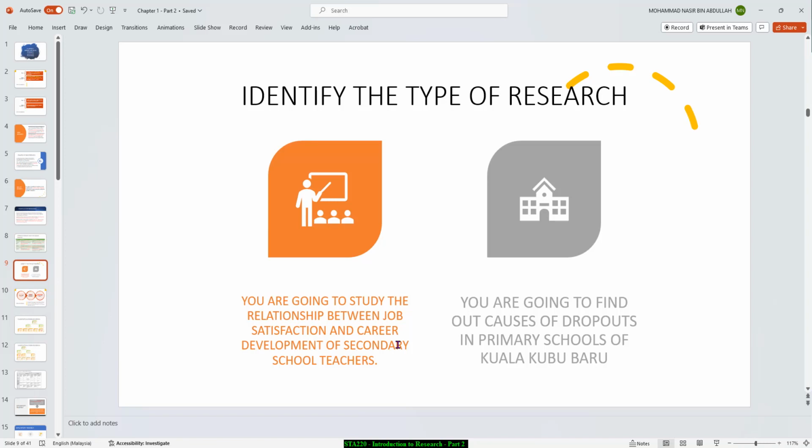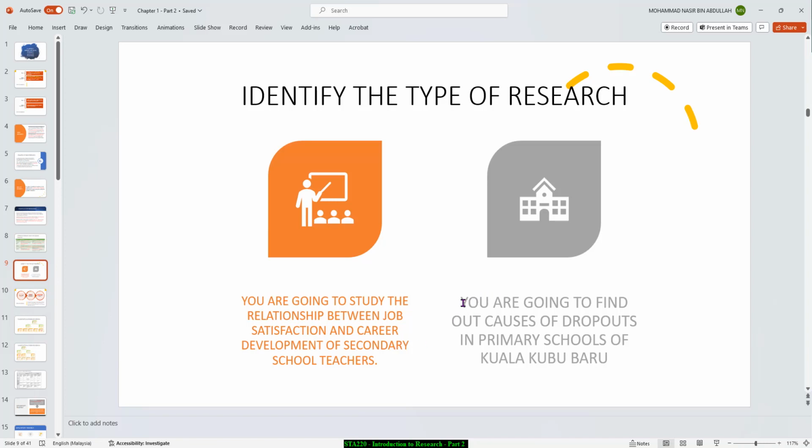Is there any relationship or no relationship? So is this applied or basic research? Applied. Yes, it should be applied research. Because when we find the relationship, then we can adjust and find a solution to enhance the career development, right?